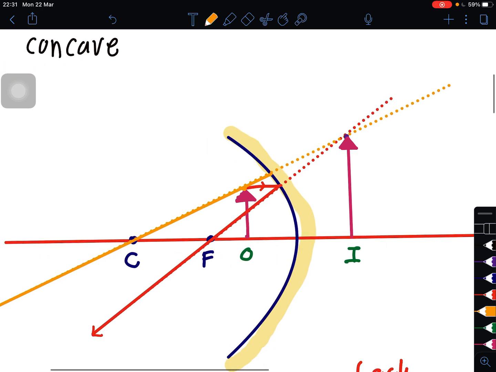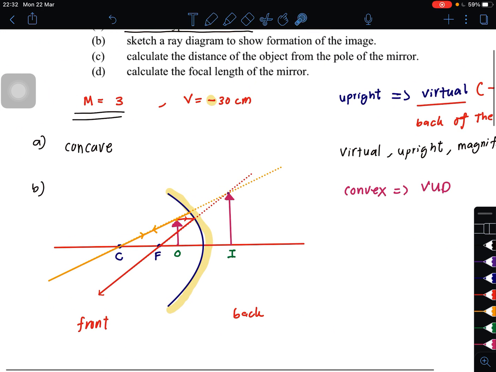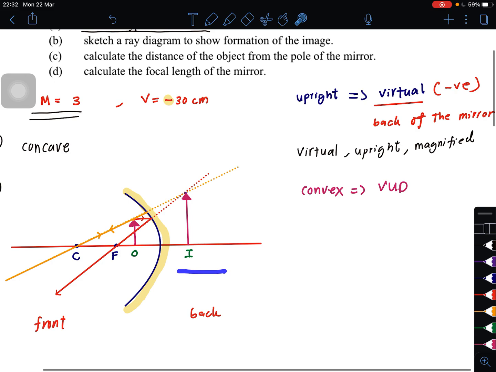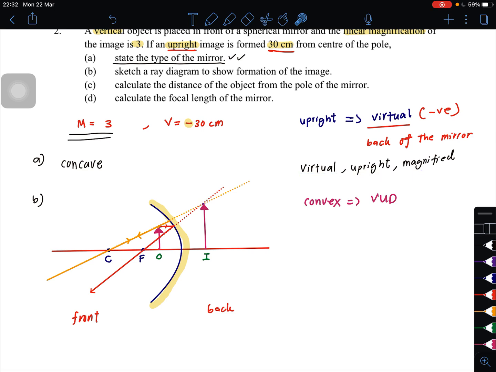So sama juga untuk this one, then dia akan reflect balik. Okay, so if you see the image here, image yang terbentuk ni adalah lebih besar daripada objek kan, which is magnified, and then upright. So kalau terbentuk dekat belakang dia adalah virtual. So samalah macam information yang dibagi tadi, virtual, upright and magnified. Okay, so that will be for question B.